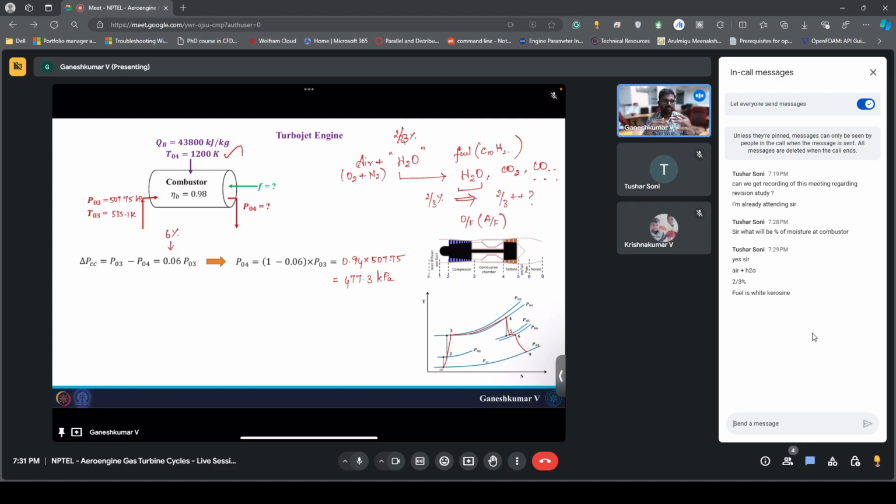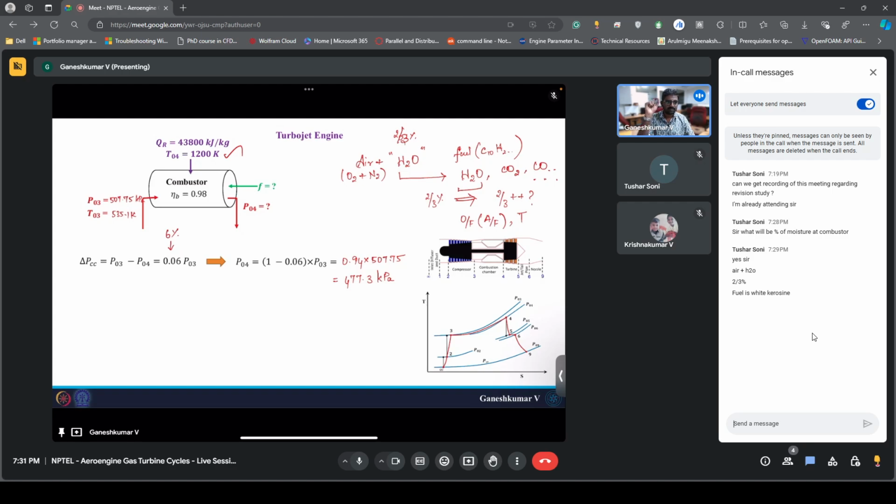If the air-fuel ratio is less, which means less fuel is being added, the combustor is running at lean conditions. When it is in lean condition, the production of H2O would be less. When the combustor runs at stoichiometric, the production of H2O would be a little higher. So it depends on the air-fuel ratio, number one, and the other thing is temperature.